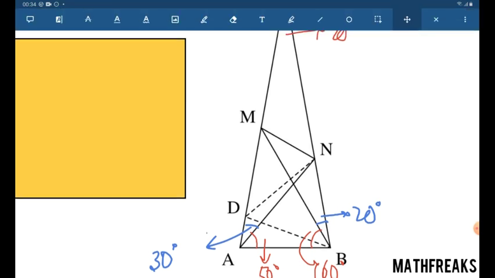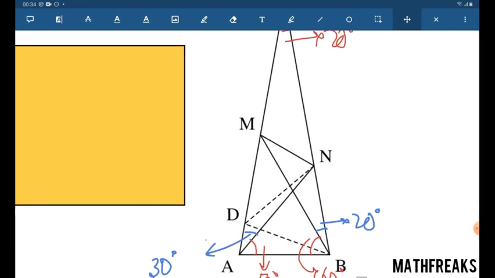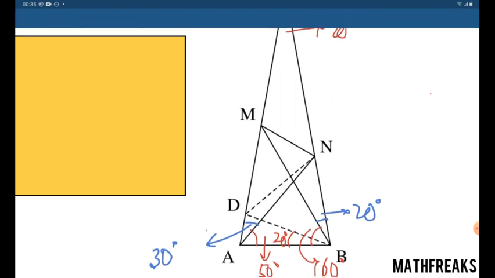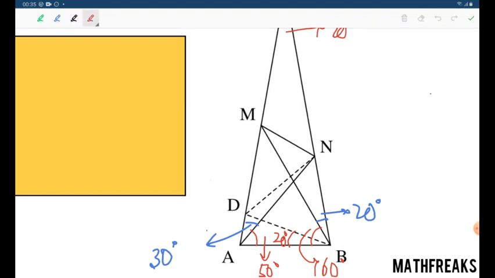Now let's go for a simple construction. Construct BD such that this angle is 20 degree, and join them. What we are getting, since the total angle is 80 degree here, so this part is 60 degrees.